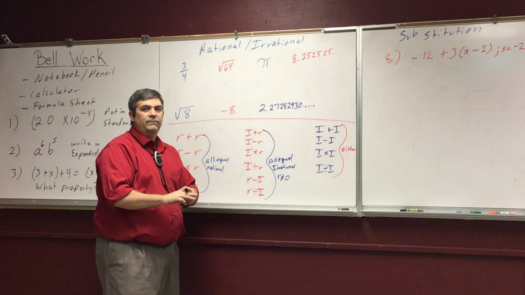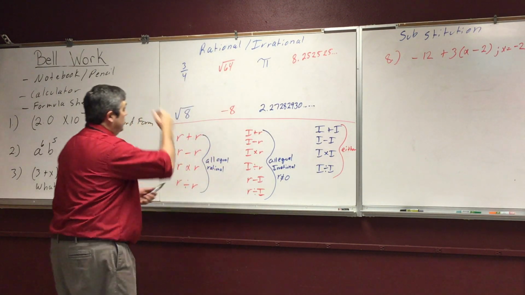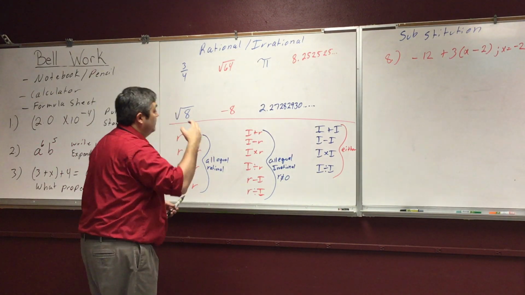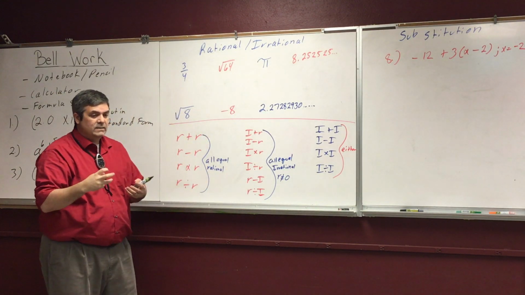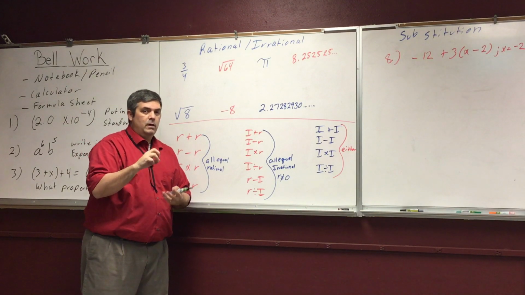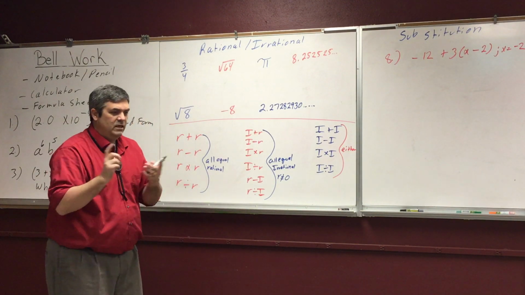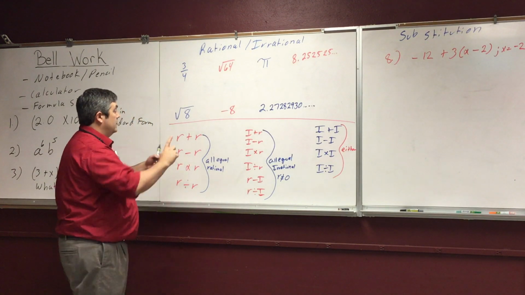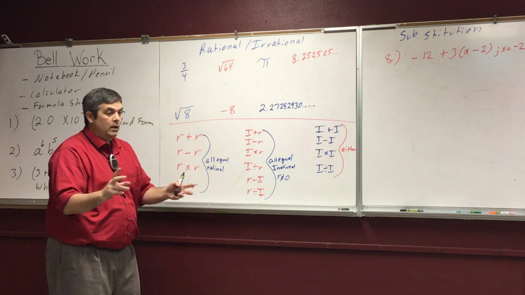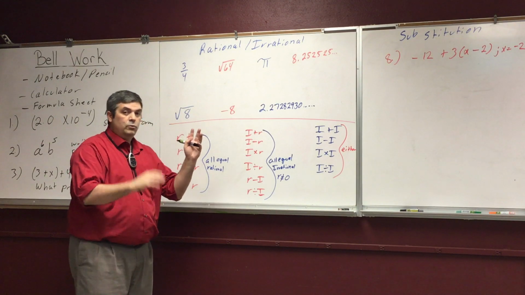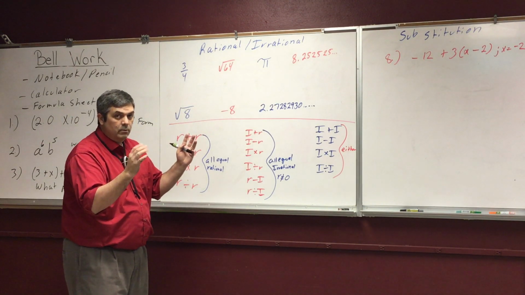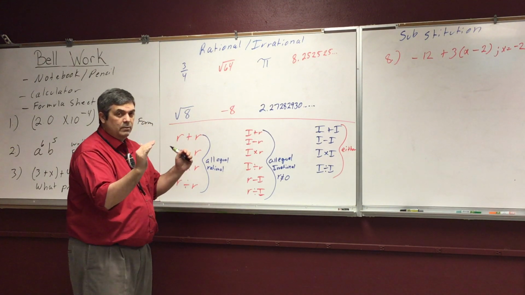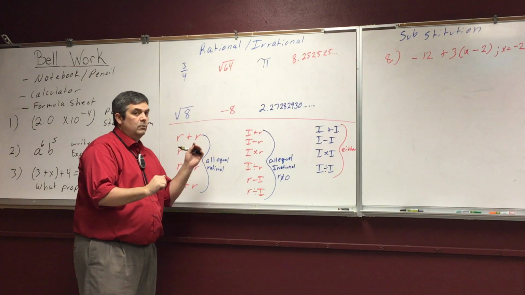Remember that a rational number can be written as a fraction. An irrational number is a never-ending, never-repeating decimal. That's the difference between the two. If you have a rational number, you do not have an irrational number, and if you have an irrational number, you do not have a rational number.